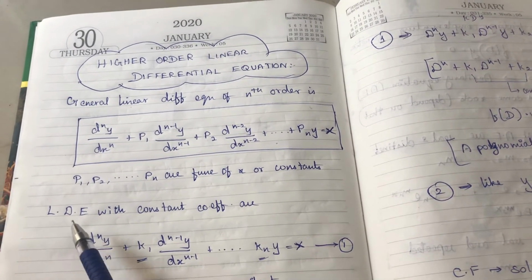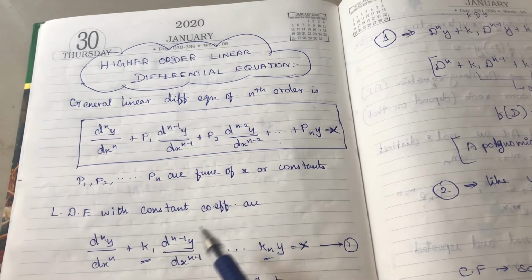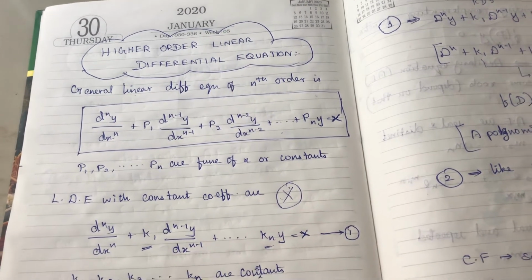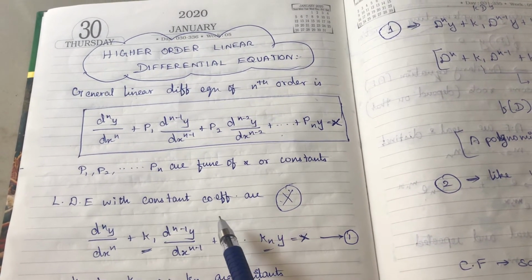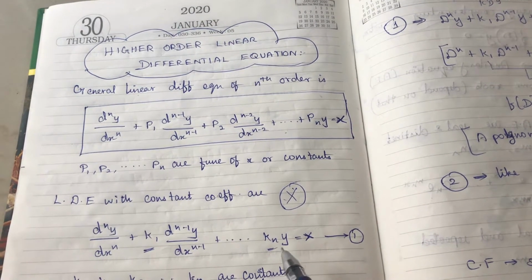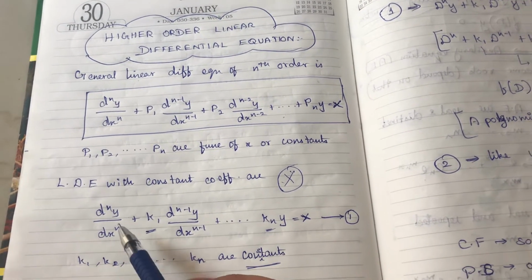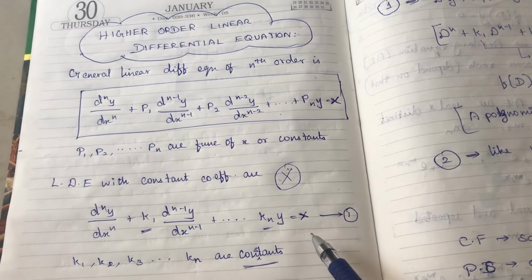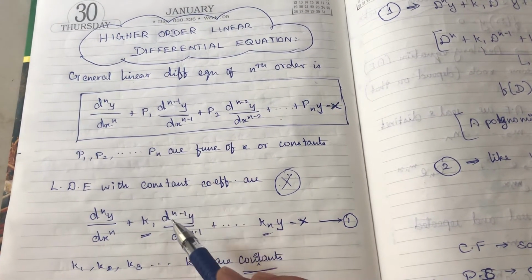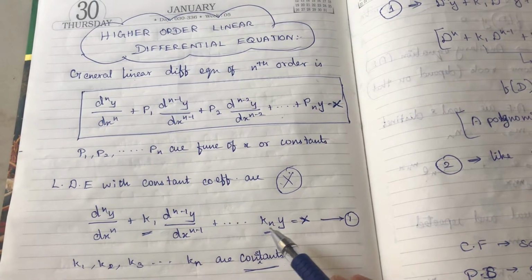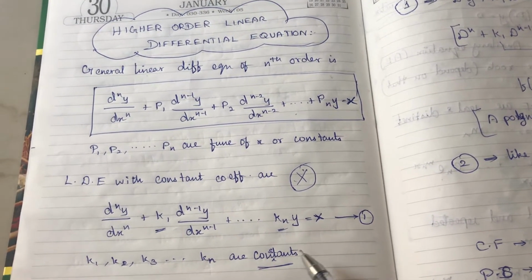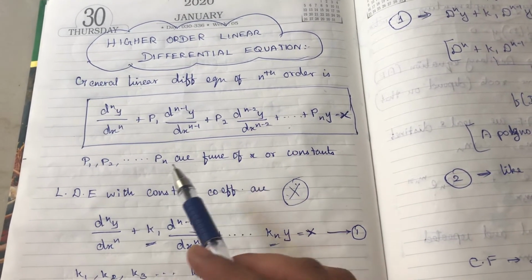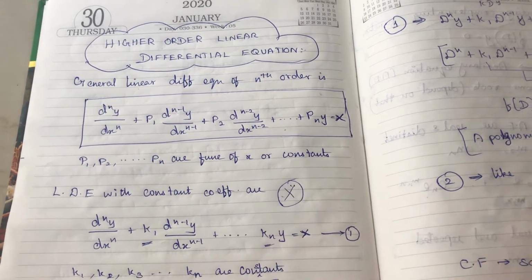Then comes the linear differential equation with constant coefficients. This is also an important one. If it is a constant coefficient, it means only constants occur. It is the same equation, but instead of P1 I am putting K1, K2, up to Kn, because these are all constants, whereas before they could be constants or functions of x.